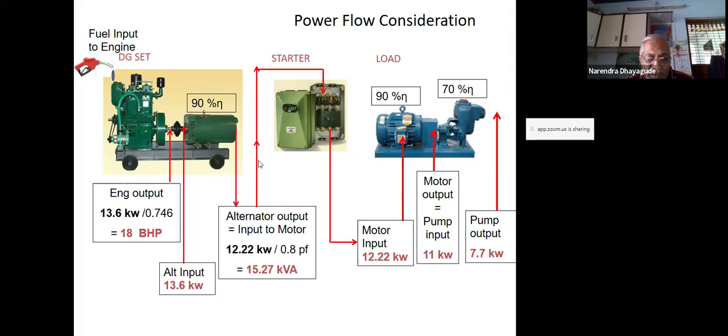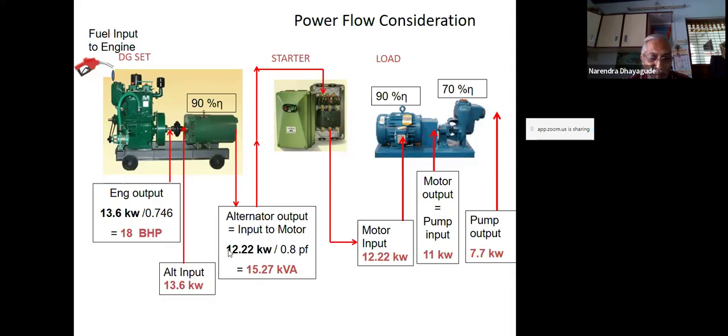After that, this 12.22 kilowatt must be the input to the motor, which is equal to the electrical output of the alternator. So 12.22 kilowatt at a 0.8 power factor is equivalent to 15.27 kVA. So that is the generator capacity required here.